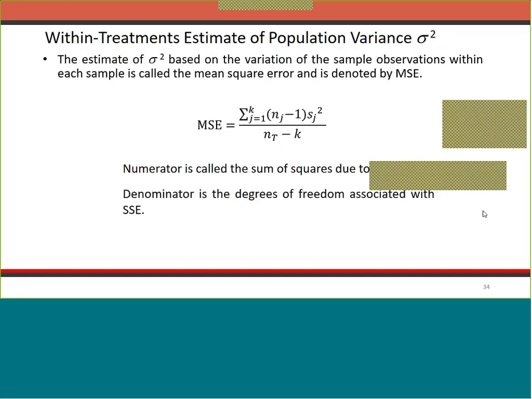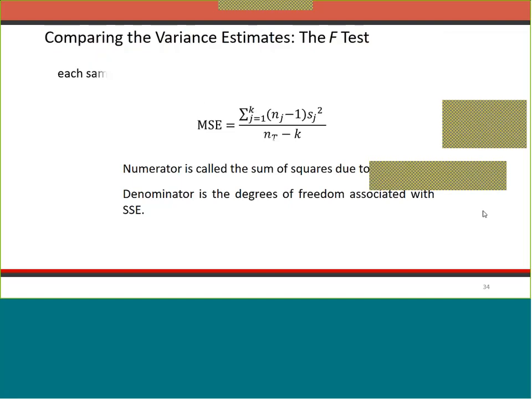Here k is the number of treatments, nj is the sample size for the jth treatment, sj square is the sample variance for the jth treatment, and nt is the total number of observations. The numerator is called the sum of squares due to error, and the denominator is the degrees of freedom associated with the sum of squares due to error.